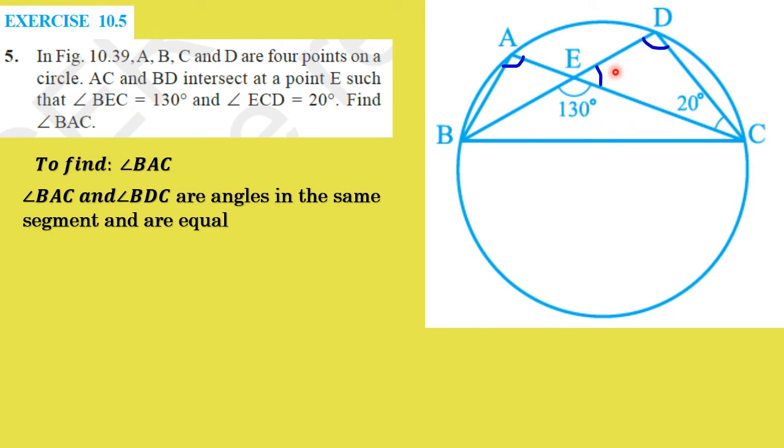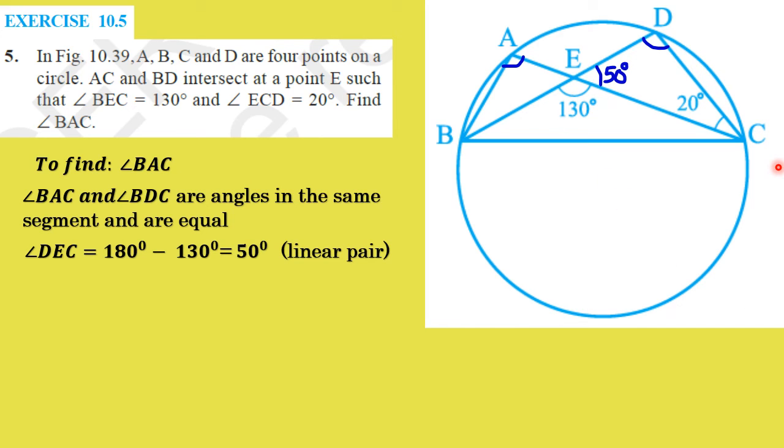To get BDC, we know this is 20. So if we get this angle, that is angle CED, easily we can find D. So how will we find angle CED? That angle and this 130, what is the connection between them? They are a linear pair.